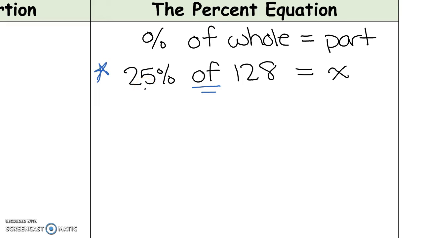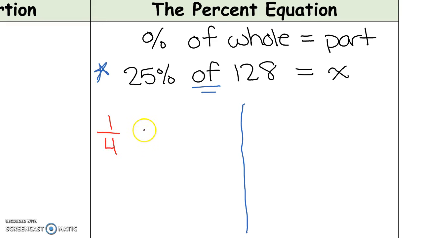We're going to do it both ways. Remember, 25% doesn't just mean 25, so we can't do 25 times 128. We have to make it a fraction or a decimal. First I'm going to do a fraction. 25% I know is the same as 1/4.